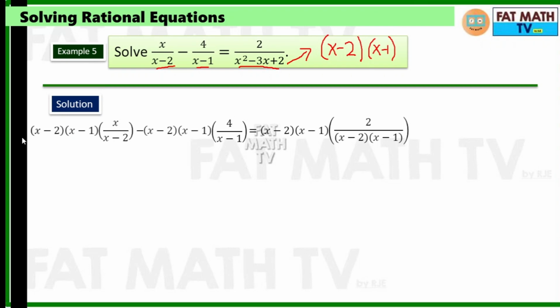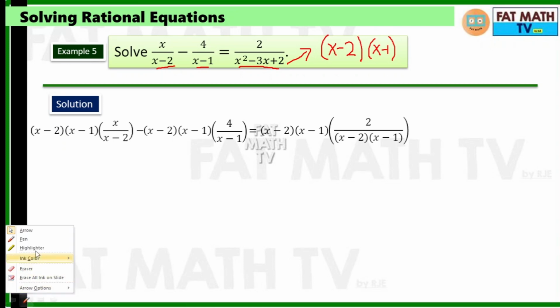We will have x minus 2 times x minus 1 times the first term, minus x minus 2 times x minus 1 times another term, and then x minus 2 times x minus 1 times the right side of the equation. As you can see here, x squared minus 3x plus 2 is already factored as x minus 2 times x minus 1, so we can easily cancel them with the one that we multiplied with it.